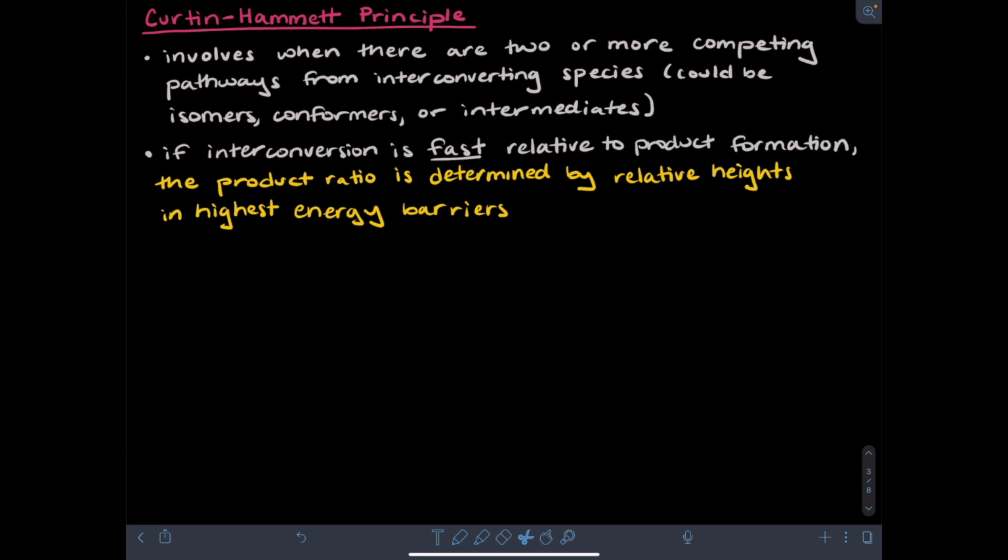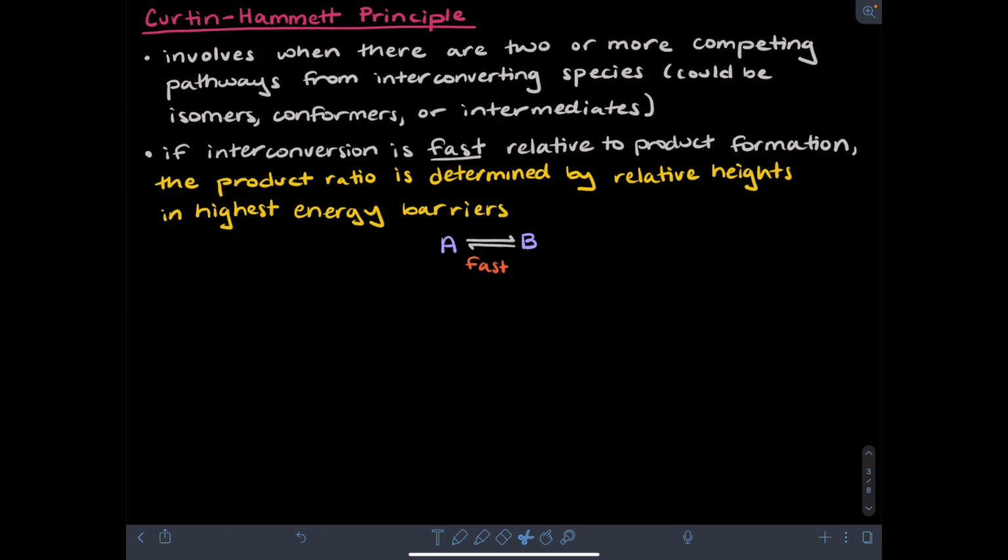The Curtin-Hammett principle states that as long as this interconversion is fast compared to the rate of product formation, the amount of each product that's formed is determined by the barrier heights rather than the difference in energy of your interconverting species. So let's consider you have two different species, A and B.